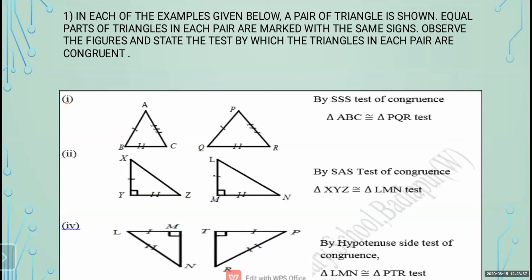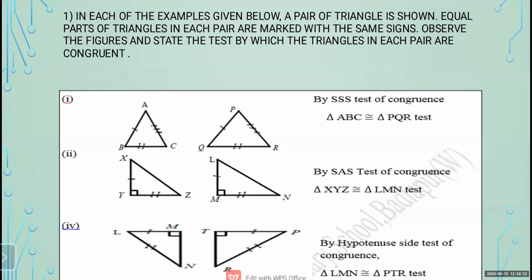So hypotenuse is there, LN is the hypotenuse, PR is the hypotenuse, and both are congruent. Plus side LM is congruent to side PT. These two are congruent. That means you can apply here the hypotenuse side test.